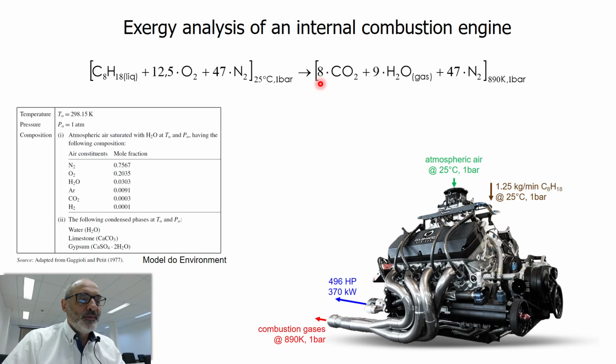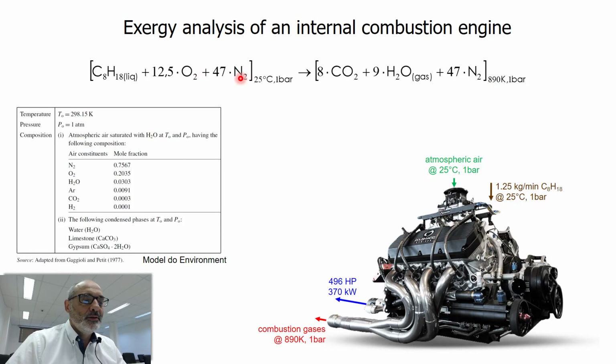And to form 8 moles of CO2, 1 mole of fuel is going to form 8 moles of CO2, 9 moles of H2O, and 47 moles of N2. N2 is not being formed because it's not reacting. The temperature here is not high enough for N2 to react with O2.